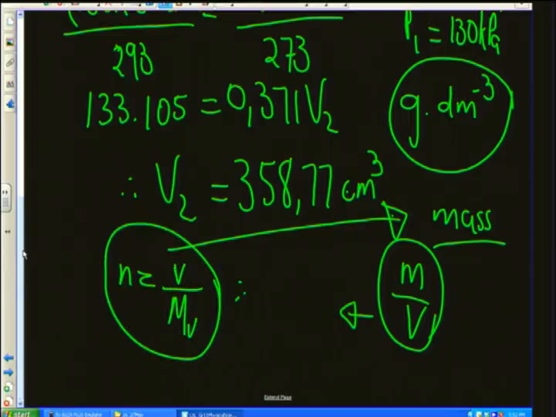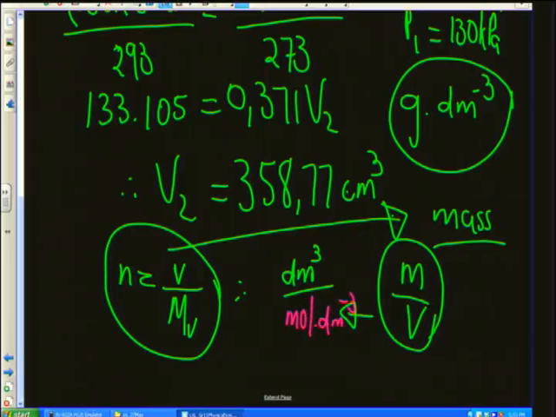So you have volume, measured in cubic decimeters, divided by molar volume, and therefore it will be moles. So molar volume will actually be cubic decimeters per mole.